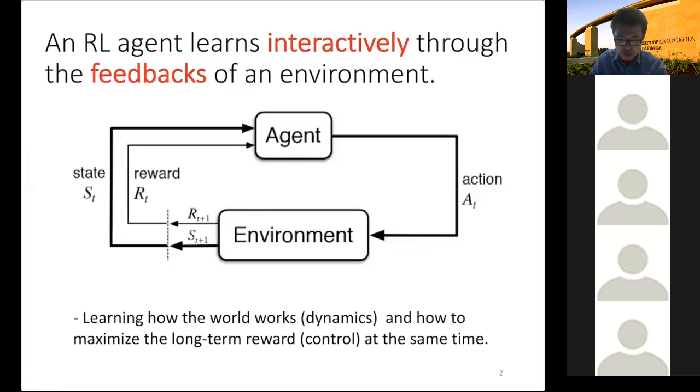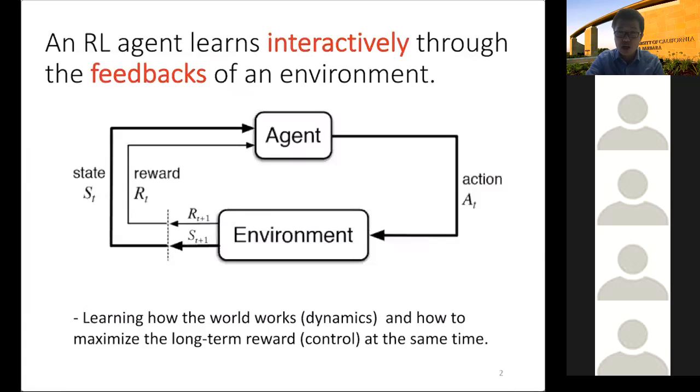speaks of the control component. Meanwhile, the unknown environment requires the agent to learn from stochastically observed rewards and states, and the fact that you need to take actions to interact with this environment suggests that there's also an experiment design component, in that you have to somehow choose your actions in ways that identify the interesting part of the environment that's useful for you to maximize the reward.